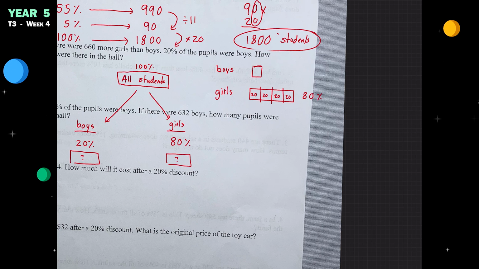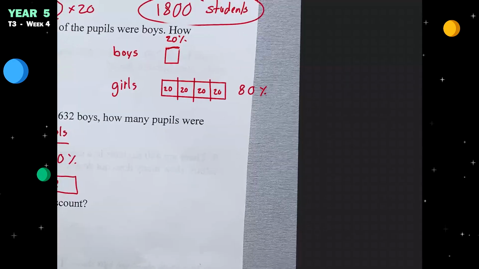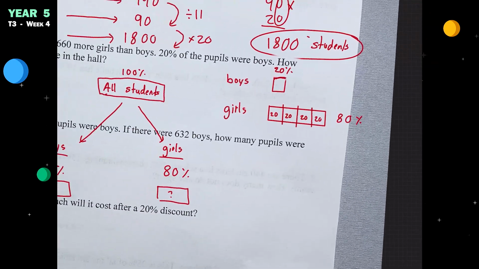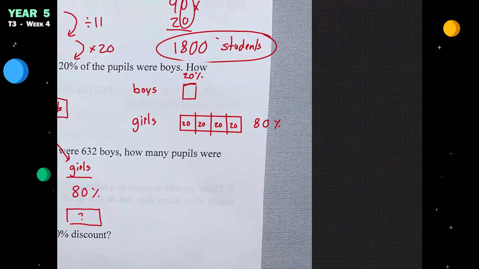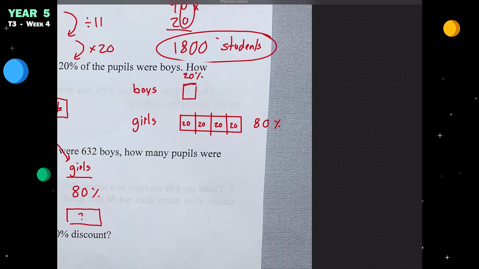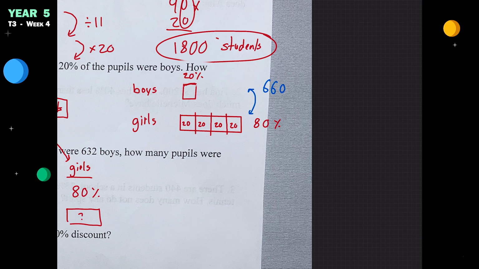And this is your 20%. Okay, now the part that confuses people is the more part. So what it means is that the girls have 660 more, and you can see that from here and here, what's the more? Which part is the more?